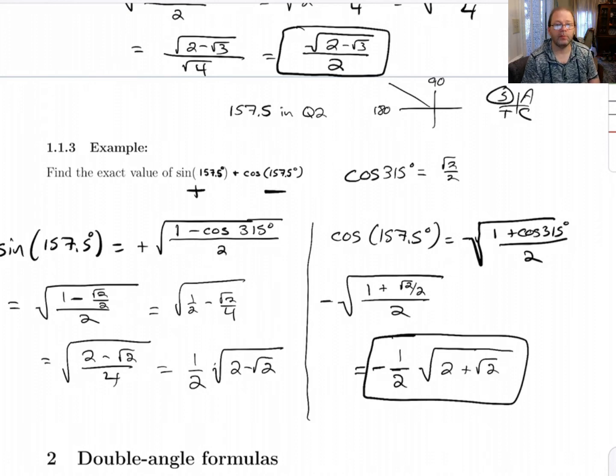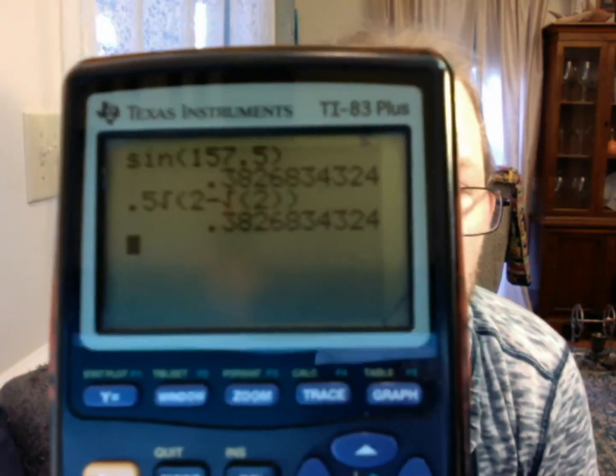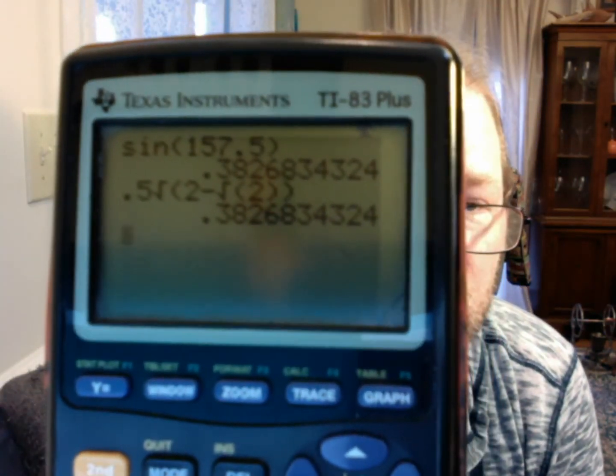Let's check this. I'm going to do all 4 of these on one screen. Sine of 157.5 and 1/2 root 2 minus root 2. Yeah, with the sine, we've got confirmation that it's right.